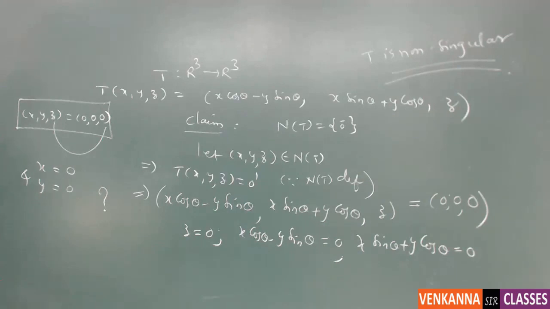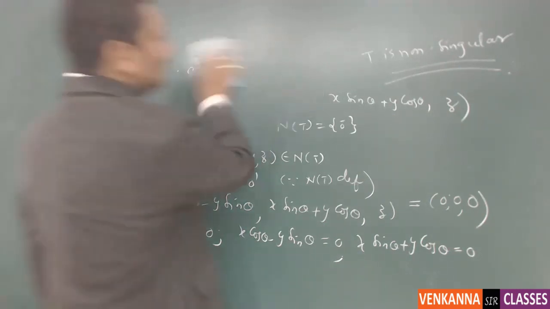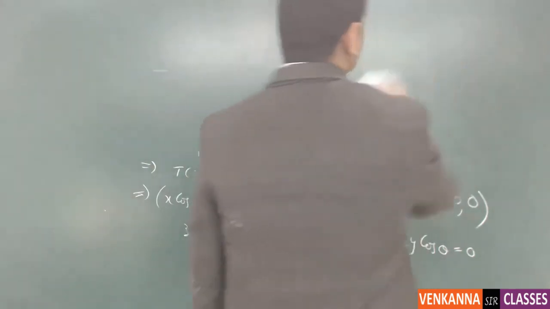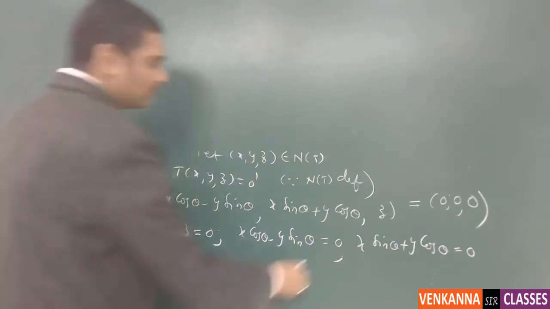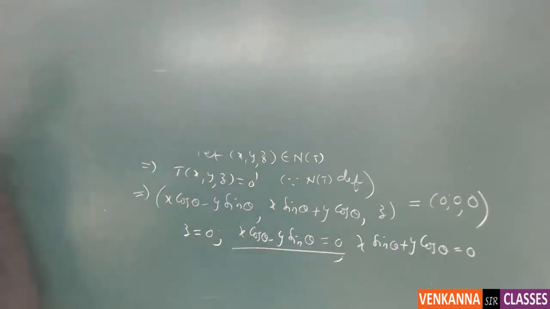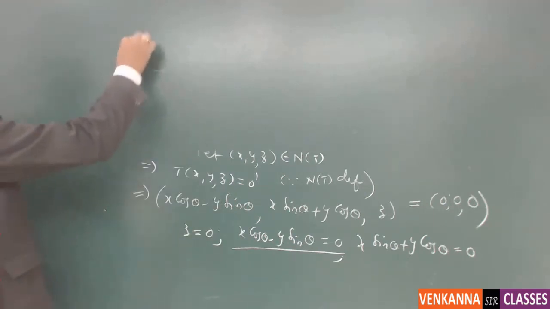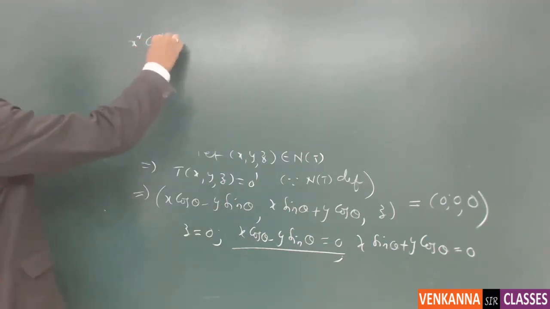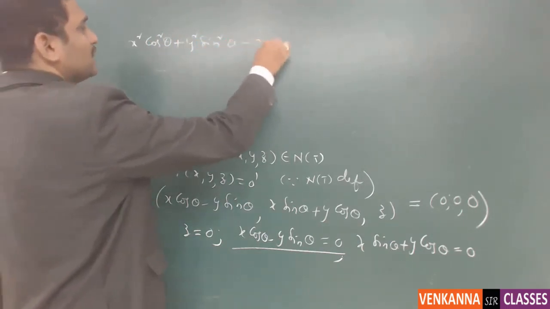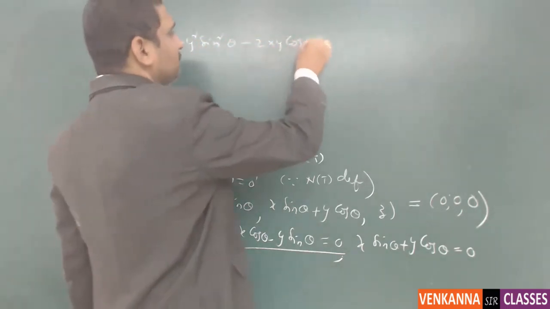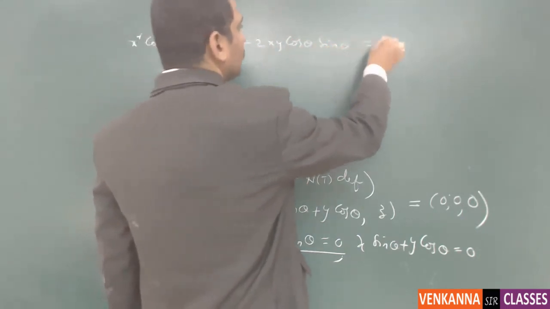Yes. So if you square and add the respective equations, you will get the result. Take this equation and square both sides. So it is x squared cos squared theta plus y squared sin squared theta minus 2xy cos theta sin theta equal to 0.